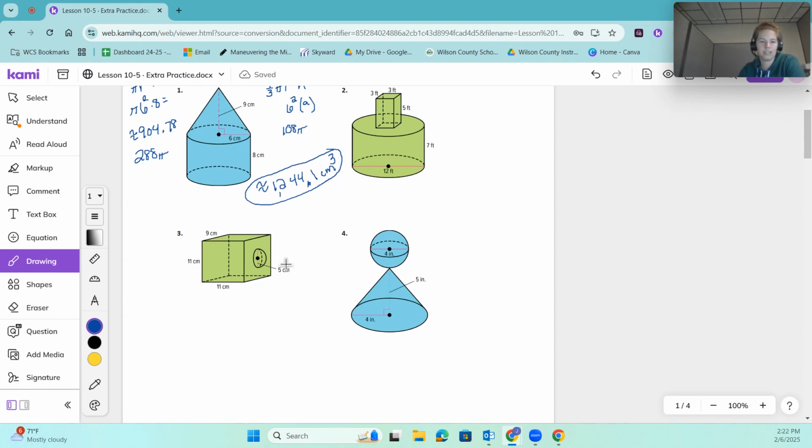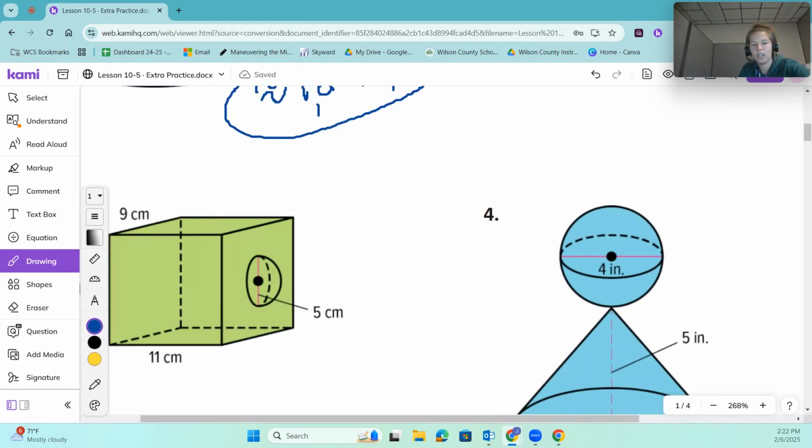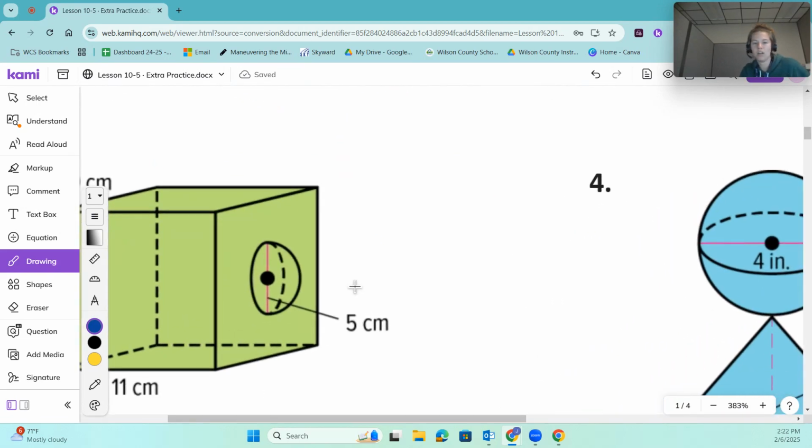Let's jump down here to number 3, and we have a rectangular prism, and then we have a hemisphere kind of off to the edge here. And you can see that this hemisphere gives me the diameter, which means my radius is 2.5.